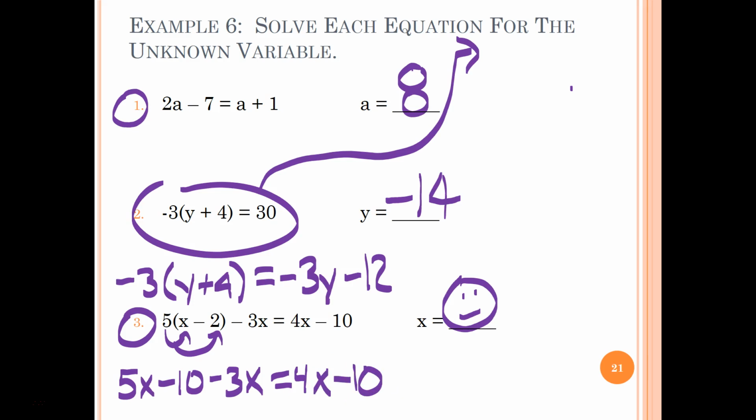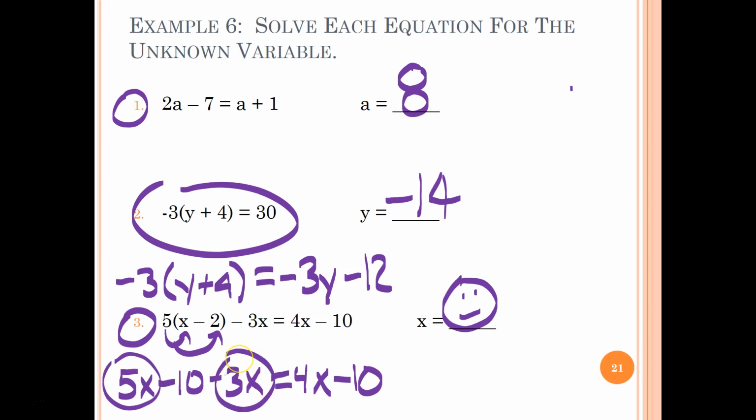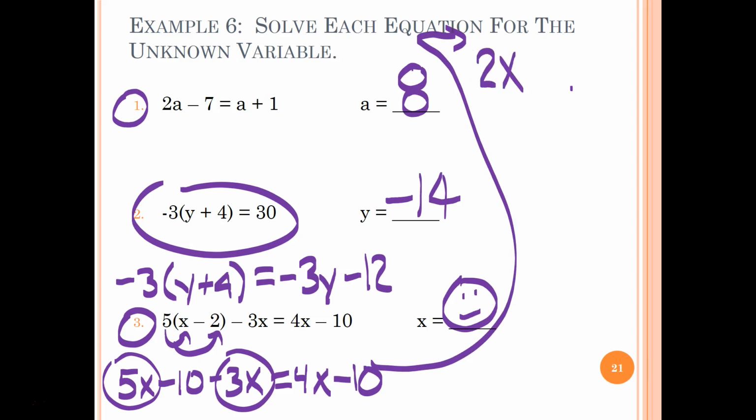Now, to continue working through this problem, we want to combine our like terms. And notice we have like terms on the left-hand side of the equation. So bringing this over here, 5x minus 3x gives us 2x. And we still have this minus 10 on the left-hand side.